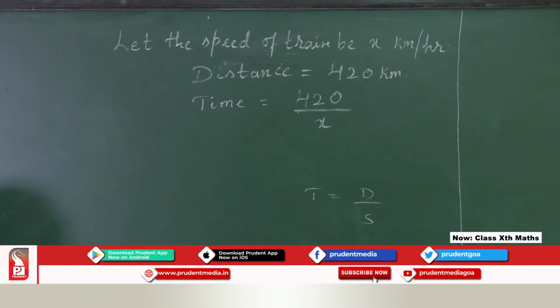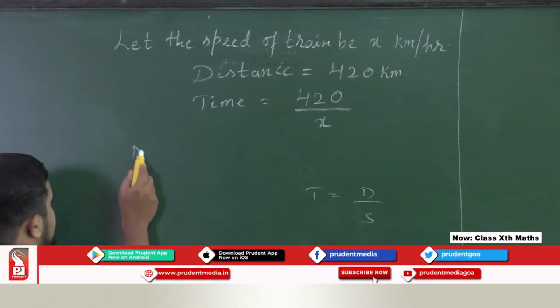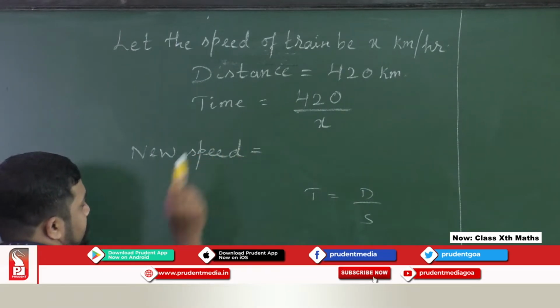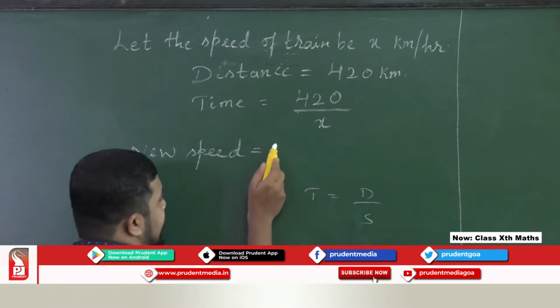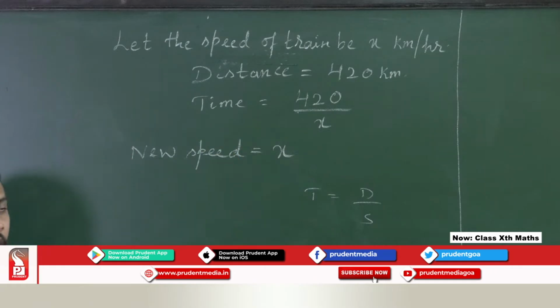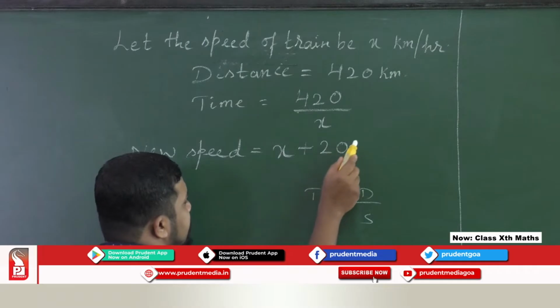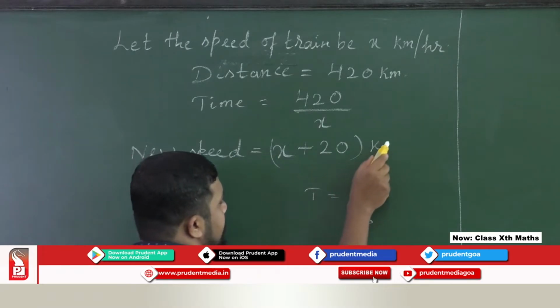If the speed is increased by 20 km per hour, it means positive. So I get a new speed. The old speed was x, and the train is increasing by 20 km per hour, so x plus 20 will be my new speed.